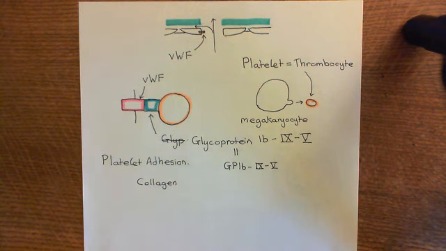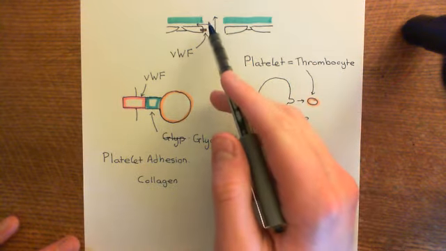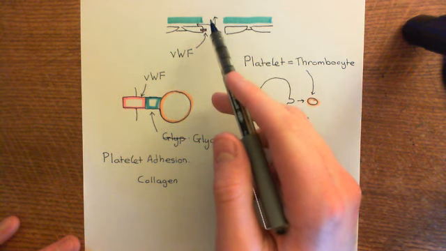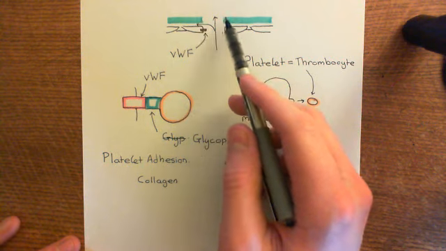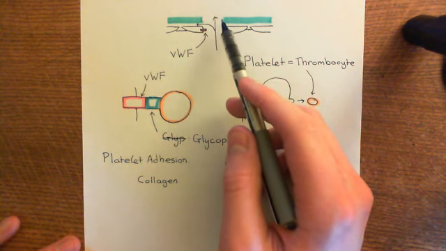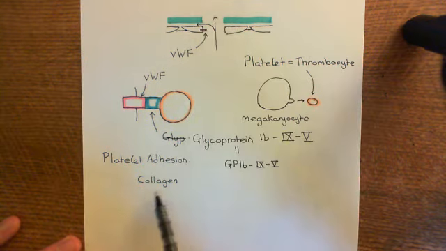In platelet activation, when the constituents of the blood move out through the hole in the blood vessel wall, they're going to come up against loads of constituents of the blood vessel wall which they would not usually see. For instance, they would not usually be exposed to collagen.